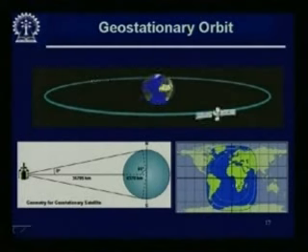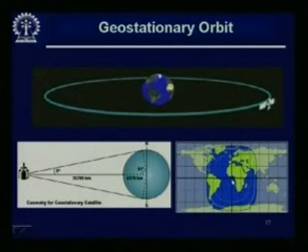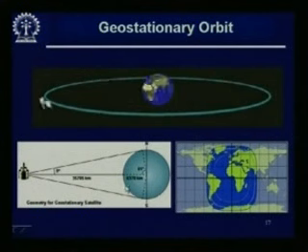And on a particular point, the one which is being shown, it is fixed at this particular point. And of course, from such a long distance, if you send a beam which has a reasonable solid angle, it will cover a large portion of the earth.